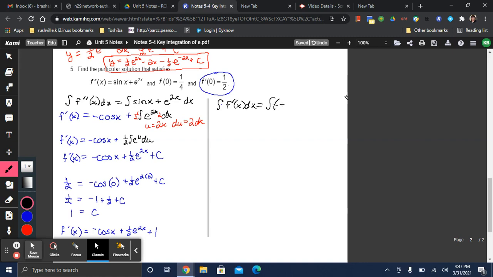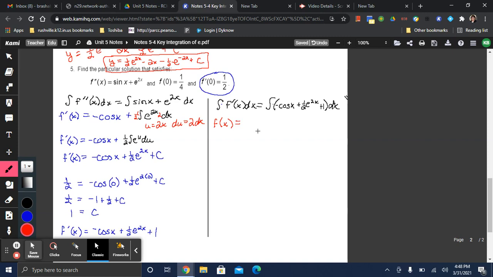So negative cosine of x plus 1/2 of e to the 2x, and then plus 1 dx. So the antiderivative of f prime is going to give us f of x.